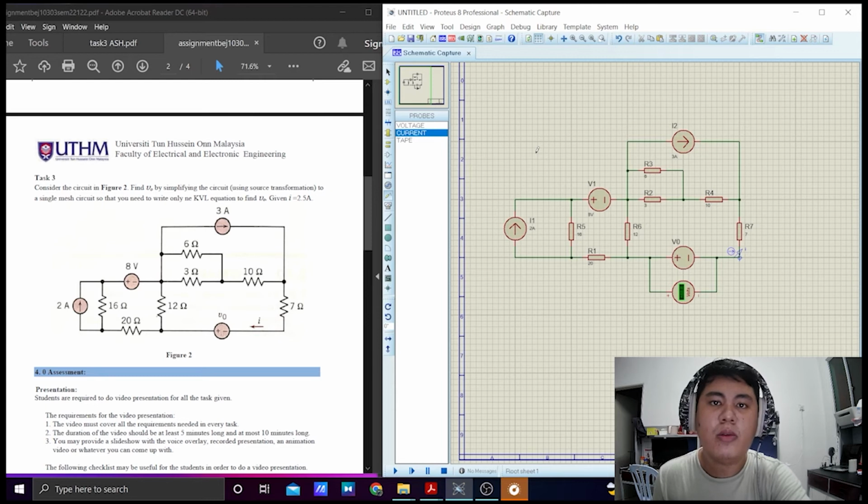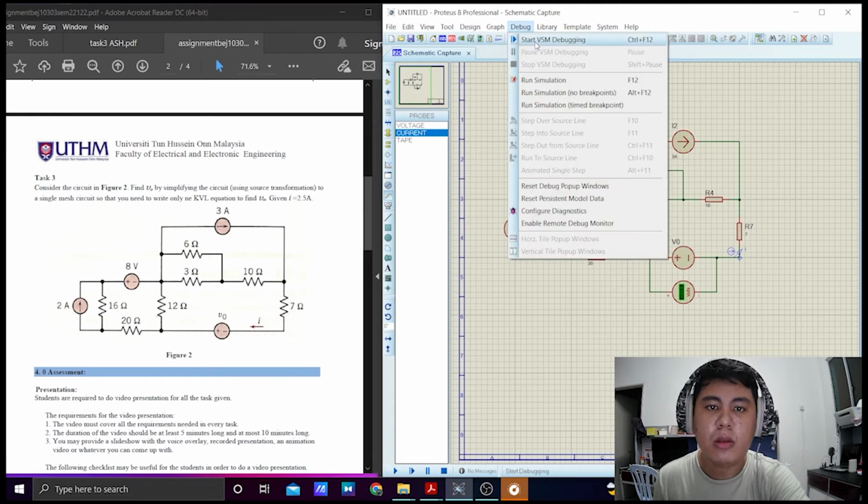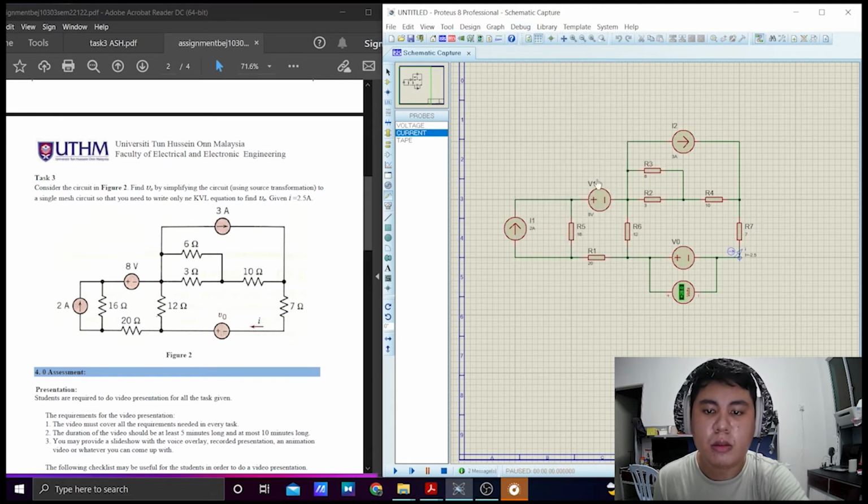Now we can start to simulate the circuit of task 3 by going to Debug and pressing start debug.